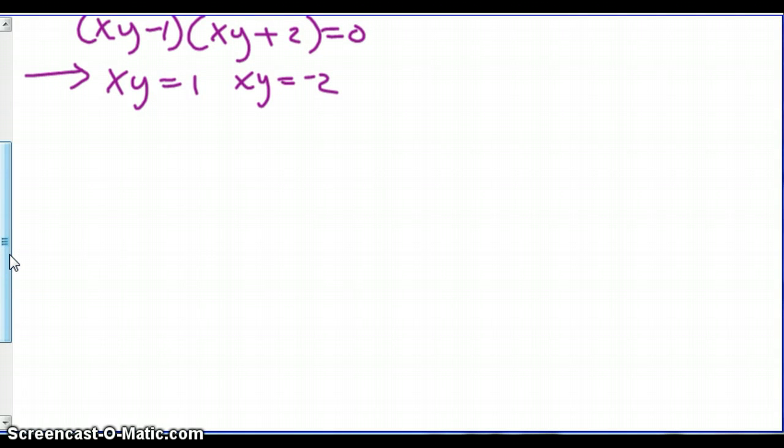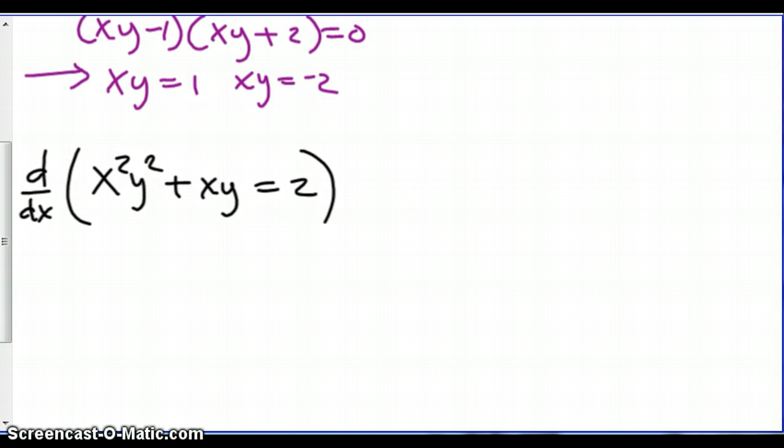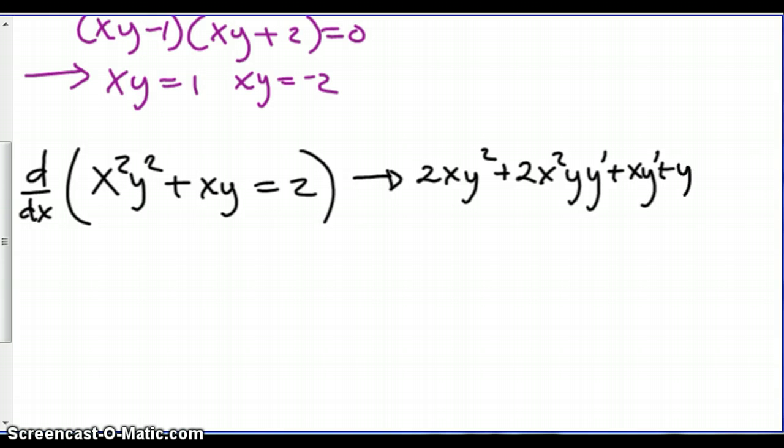So my original function, remember, was x squared y squared plus xy equals 2. So I'm going to differentiate with respect to x, and I get 2xy squared plus 2x squared y prime plus xy prime plus y equals 0.